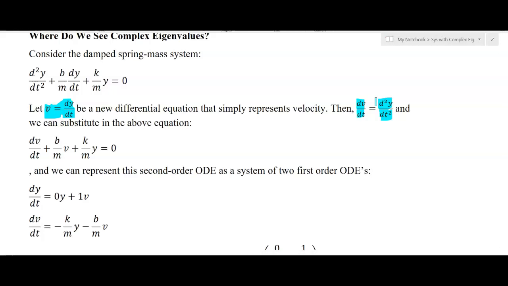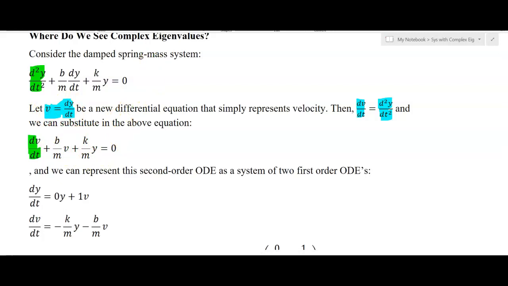And now what we can do is substitute into our original equation. We're going to replace the second derivative with dv dt. That's based on this. And the reason we did that is because now we have the blue v equals dy dt and this equation are both now first order. They are a system because they do depend on each other. You can see that this guy now depends on v, and this guy depends on v as well. This guy depends on both v and y.